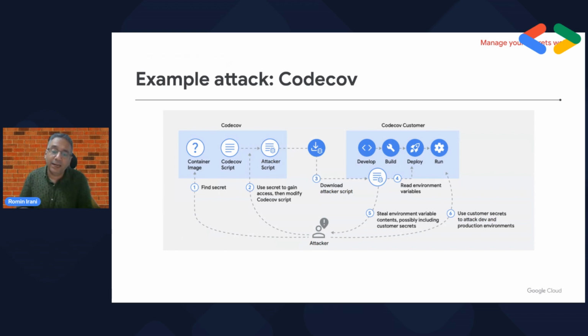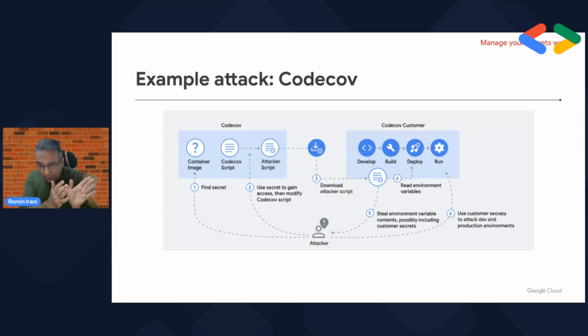And over here, I'd like to take this particular attack for a product called Codecov. Codecov allows you to package snippets of code as containers and then run them in a particular customer's environment.